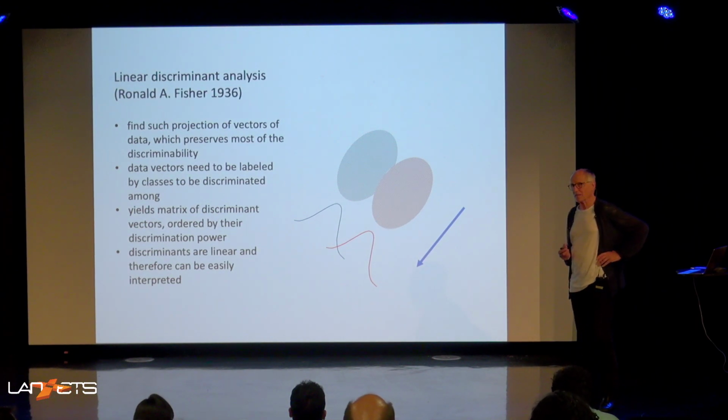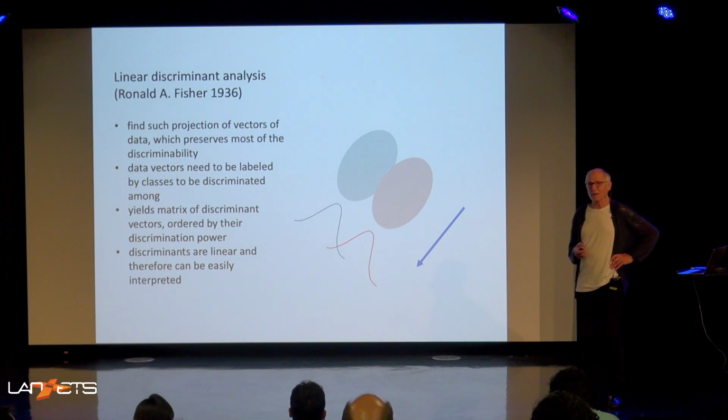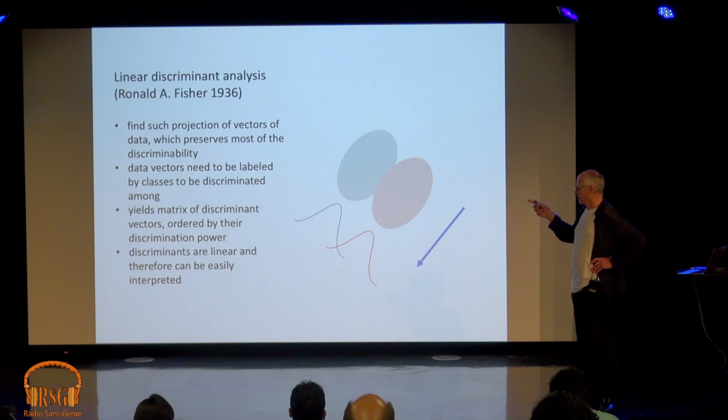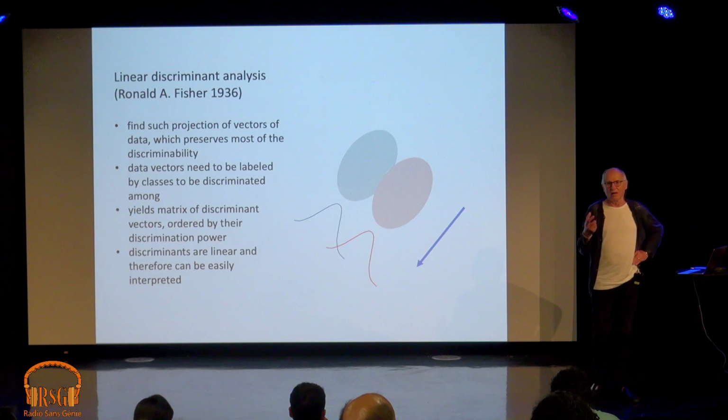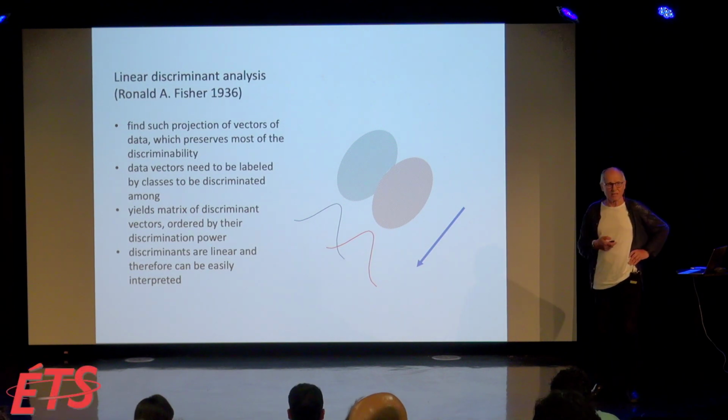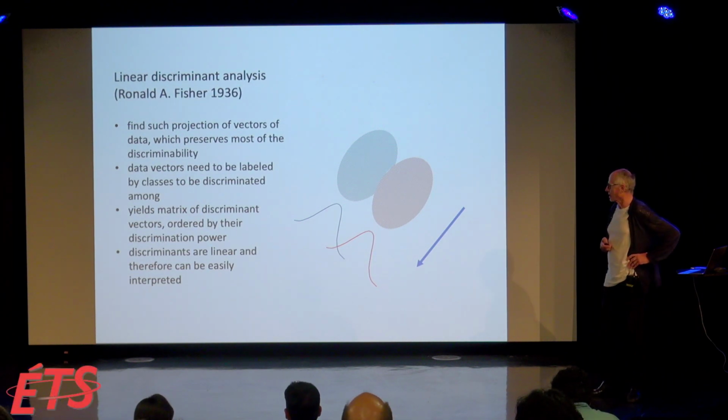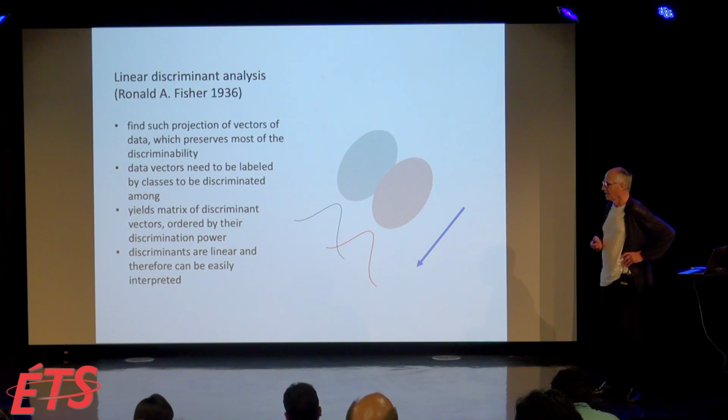It's a linear technique, but it's actually surprisingly powerful. The advantage of the technique is that it is linear. That's why when you get the results, you can understand these results even better than the results which you get from nonlinear systems.